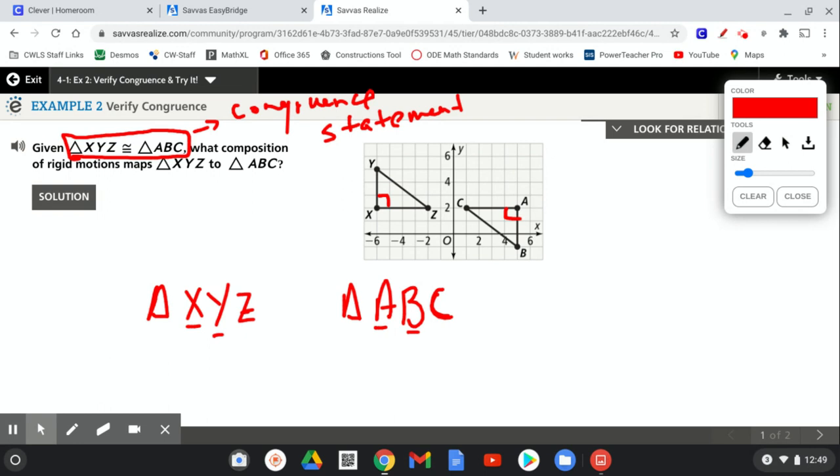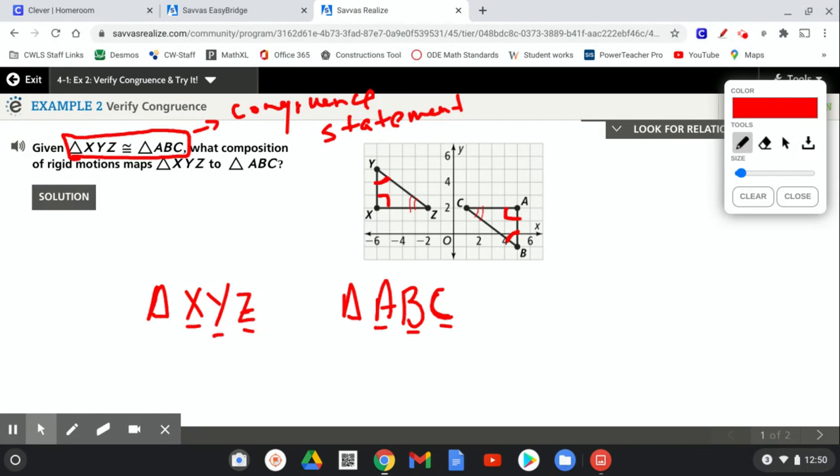Next, we have Y and B, so angle Y is congruent to angle B. Lastly, we have Z and C, so angle Z is congruent to angle C.